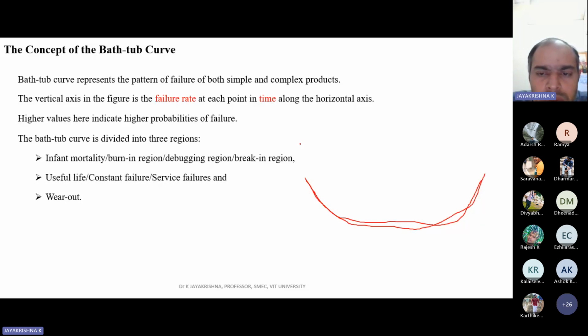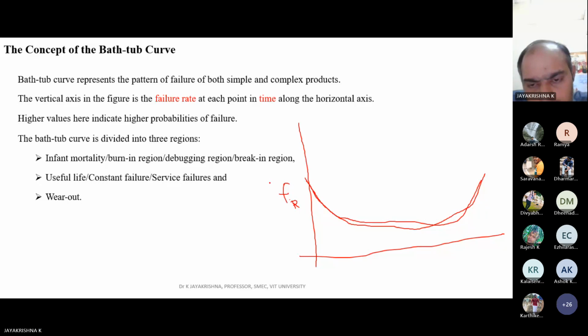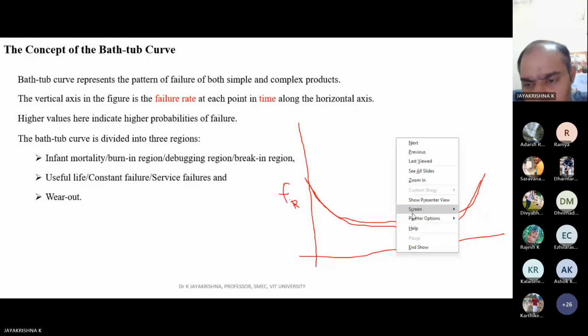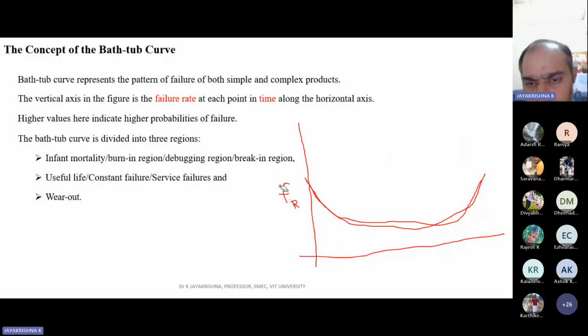Here we are trying to plot this curve between two things, one on the x-axis and the other on the y-axis. The y-axis is the failure rate. So how do you represent failure rate? What is the Greek letter you are going to use for failure rate?